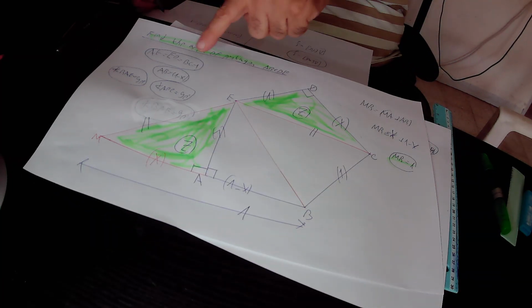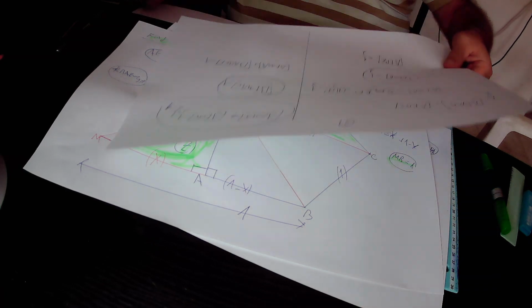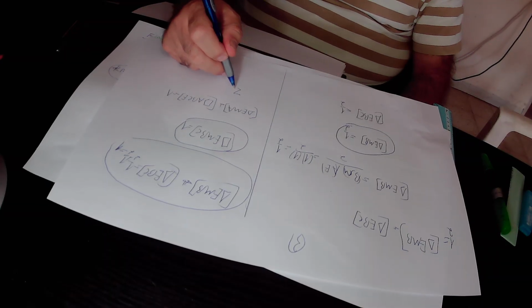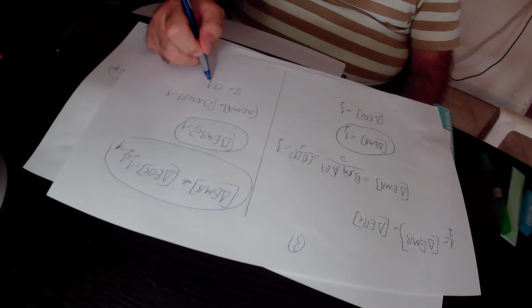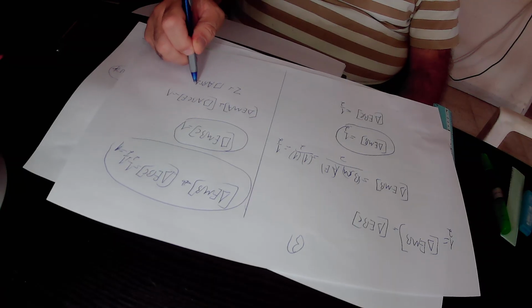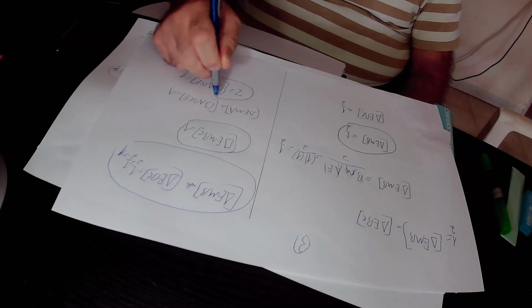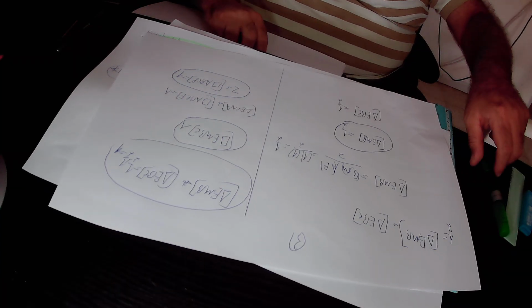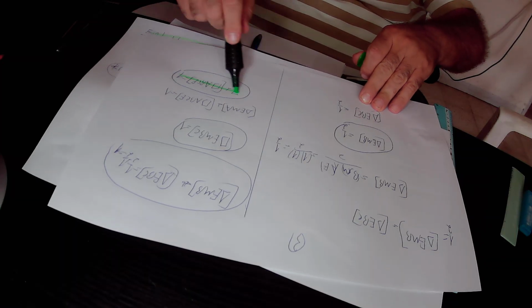But the area of triangle EMA is equal to Z, so we can substitute the area of triangle EMA by Z, and get that Z plus the area of quadrilateral ABCE in total is equal to 1. Again, conclusion: Z plus the area of quadrilateral ABCE equals 1.